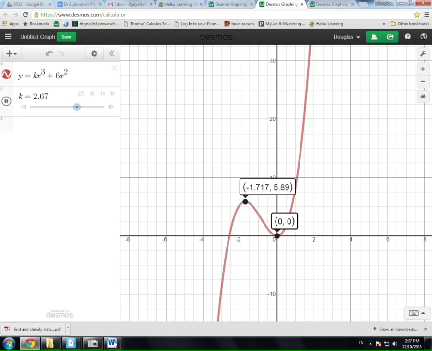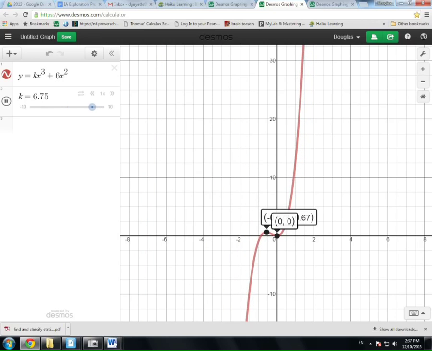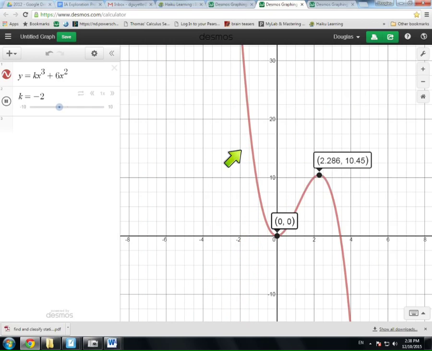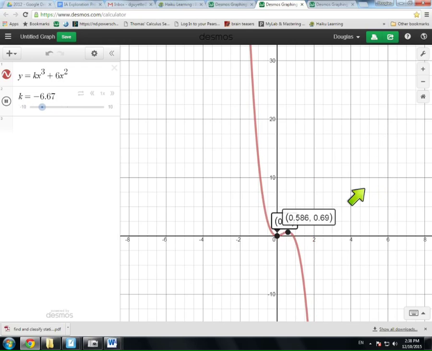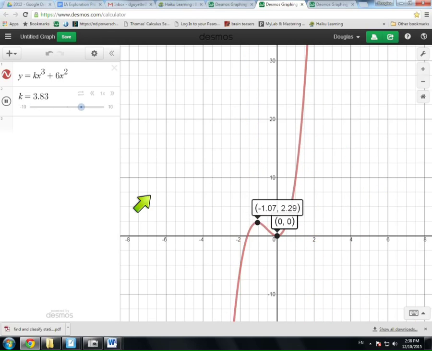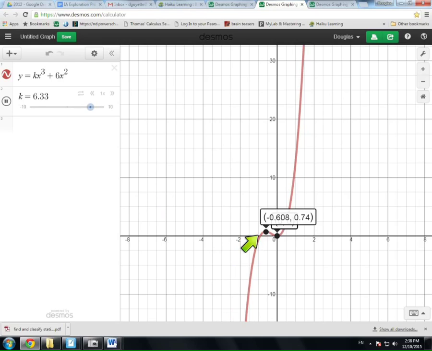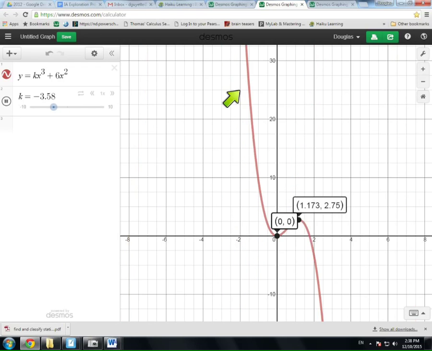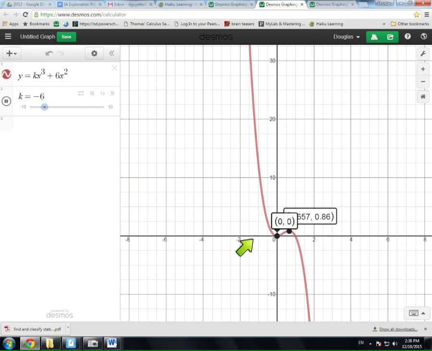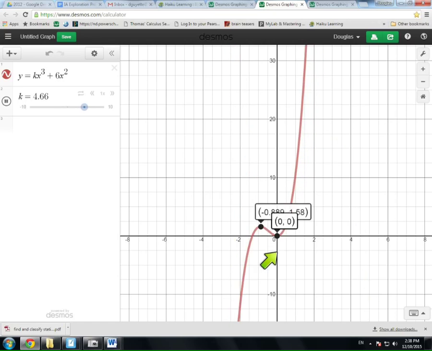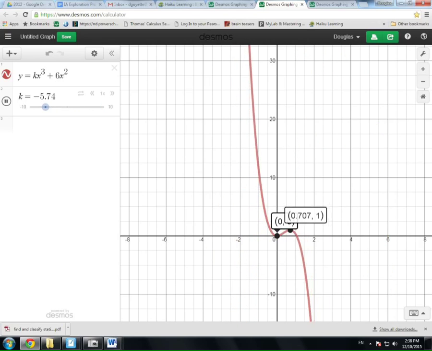That just stays put. But the local maximum seems to change. It is either on the right-hand side or left-hand side, either the first or second quadrant, but nonetheless, there seems to be some predictable nature to the local maximum, and again, very predictable nature for the local minimum because it stays put. So this helps me understand the nature of the question a little better.